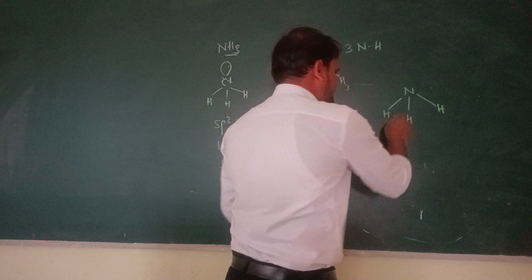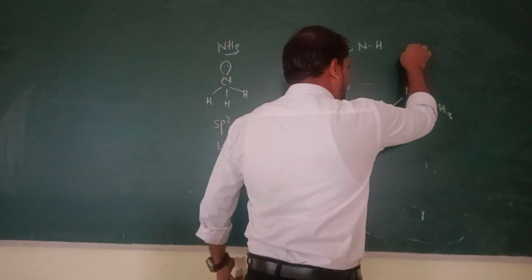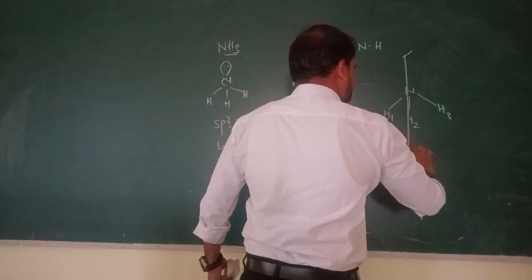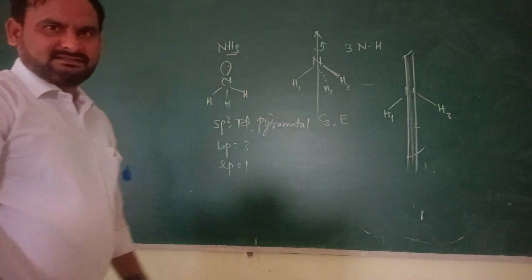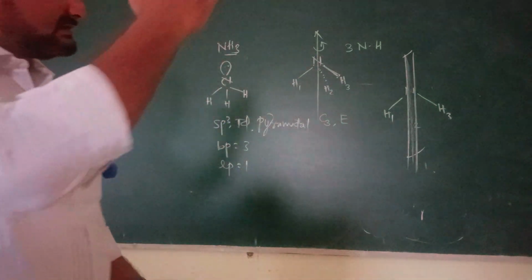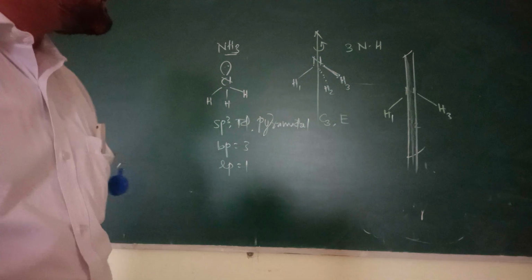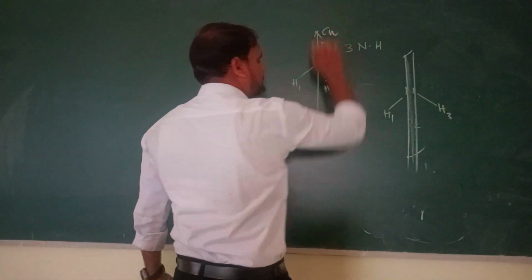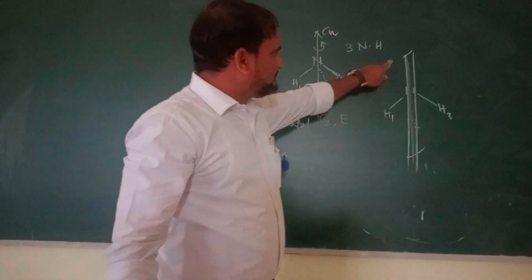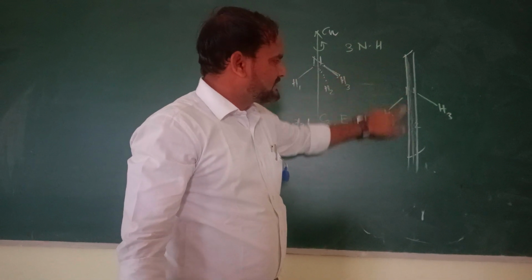Here these are H1, H2 and H3. Now I am going to make a plane like this. The plane is passing parallel with the principal axis, that is Cn. This is the Cn, which is called the principal axis, and I am going to pass a plane through the nitrogen-hydrogen bond.